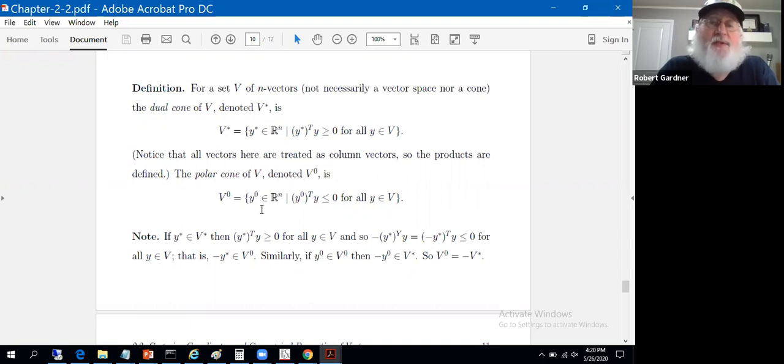It's all Y sub 0 in Rn such that Y sub 0 transpose Y is less than or equal to 0 for all vectors Y in this set of vectors V. Okay, so inner products are non-negative in a dual cone and non-positive in a polar cone, respectively.